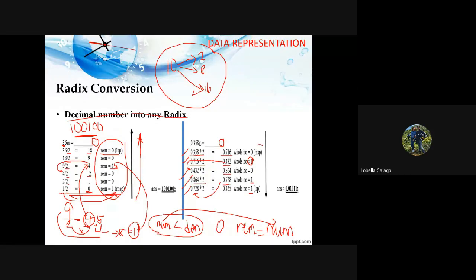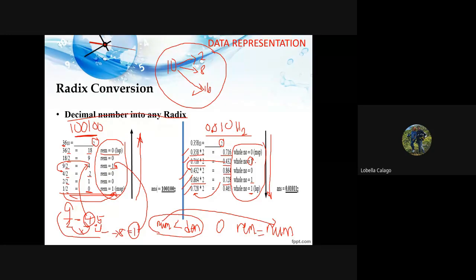And this is a decimal number, so we will use the whole number. And we will start from top to bottom. So, ang pagkuha niyan is with 0 point. So, ito yung fix 0.01011 with the base 2. So, yan po yung answer sa decimal fraction.